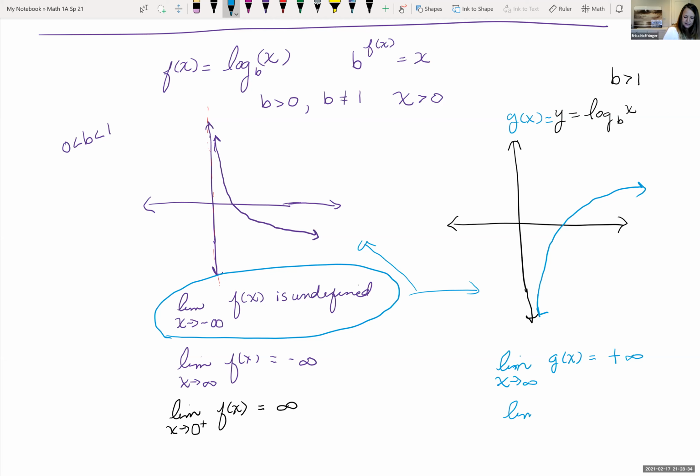And again, I can say the limit as x approaches 0 from the right-hand side of g of x is a vertical asymptote. This is going towards negative infinity.